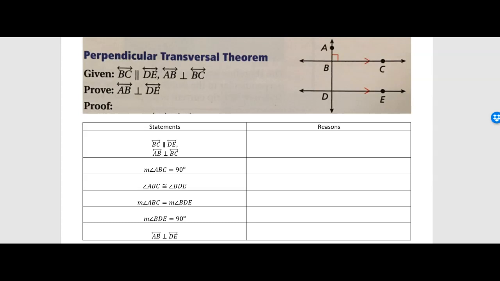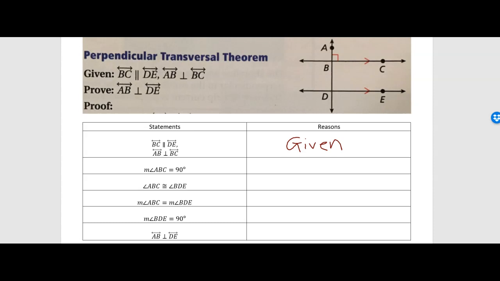All right, first one, that's an easy one. That is given. We are told that lines BC and DE are parallel and AB is perpendicular to BC. So what we have here is two parallel lines and a transversal that's perpendicular to one of them.